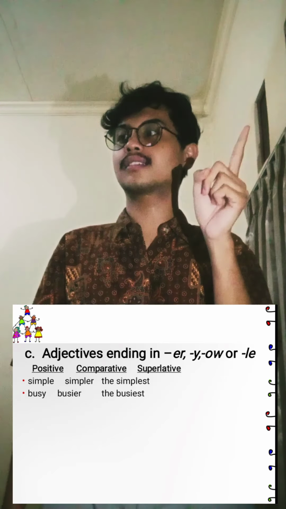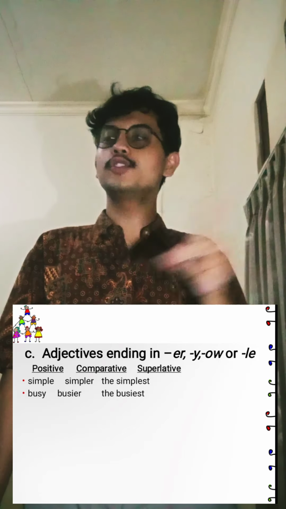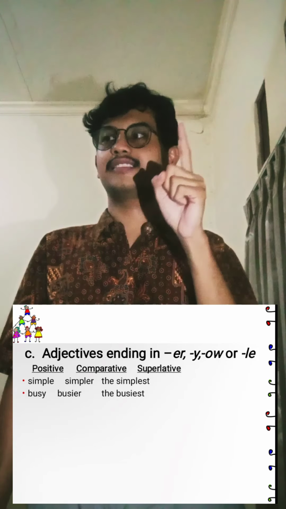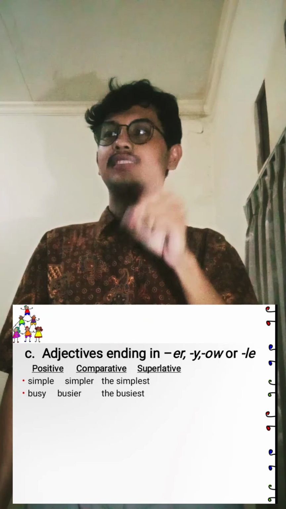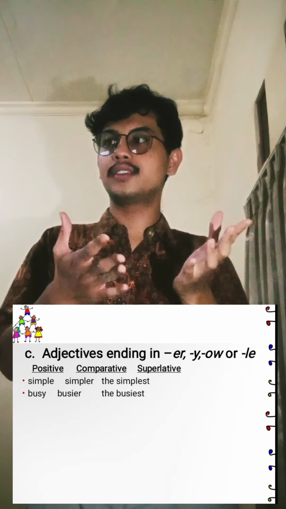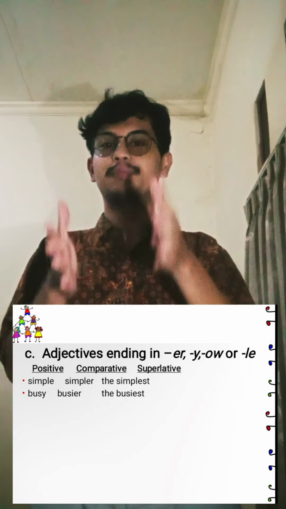When you see simple, it could be changed. When you use comparative, it is going to be simpler. And for the superlative, use est, the simplest, because it's the superlative.